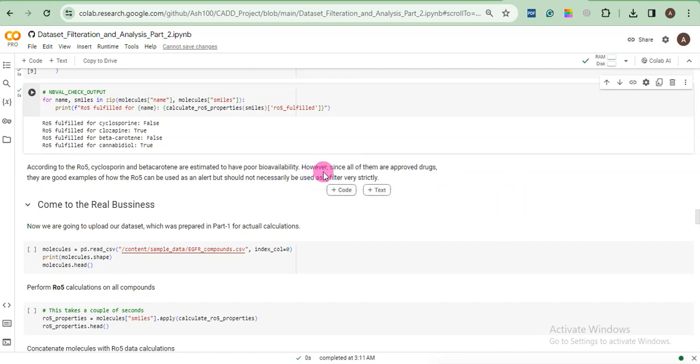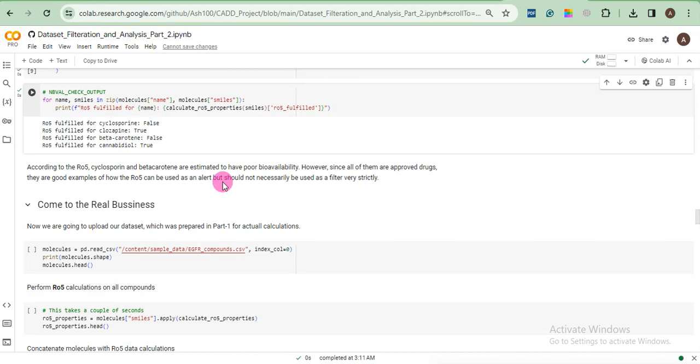But however, since all of them are approved drugs, this is interesting. All of them are approved drugs, and this is actually a good example of how in some cases the rule of 5 is deviated.